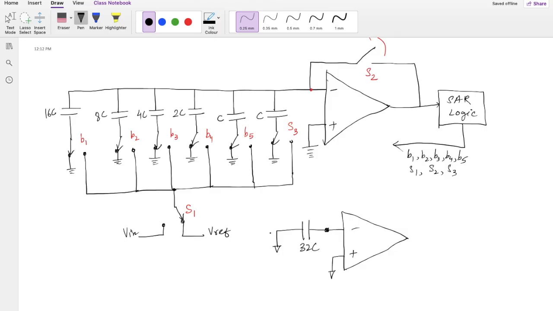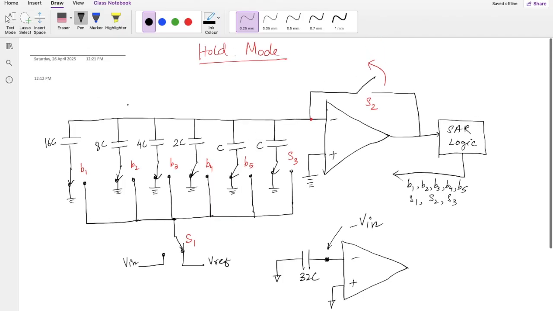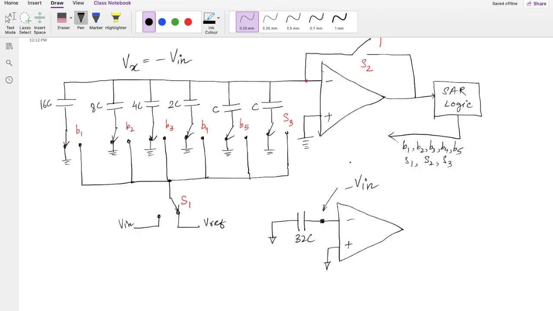Now we have connected this to the ground, but this charge which was already stored in the sample mode will be there, because first we have released this one and there is no way for the charge to flow here. So this voltage will become minus Vin. If I call this voltage Vx, then this line Vx will be equal to minus Vin, because we have first released this S2.